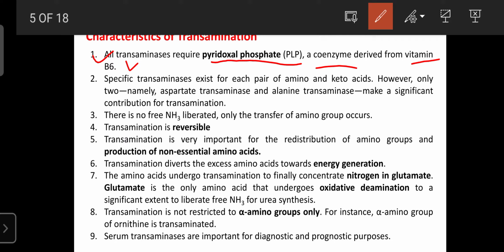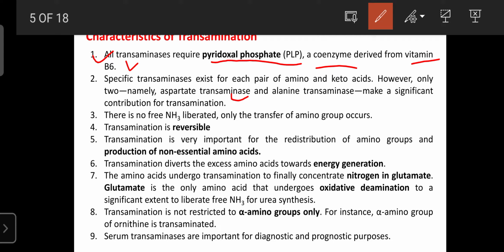Then another characteristic of the transamination reaction is that specific transaminases exist for each pair of amino acids and keto acids. However, only two, namely aspartate transaminase and alanine transaminase, make a significant contribution to transaminations. They utilize only two pairs of amino acids and keto acids, interchanging the amino groups.